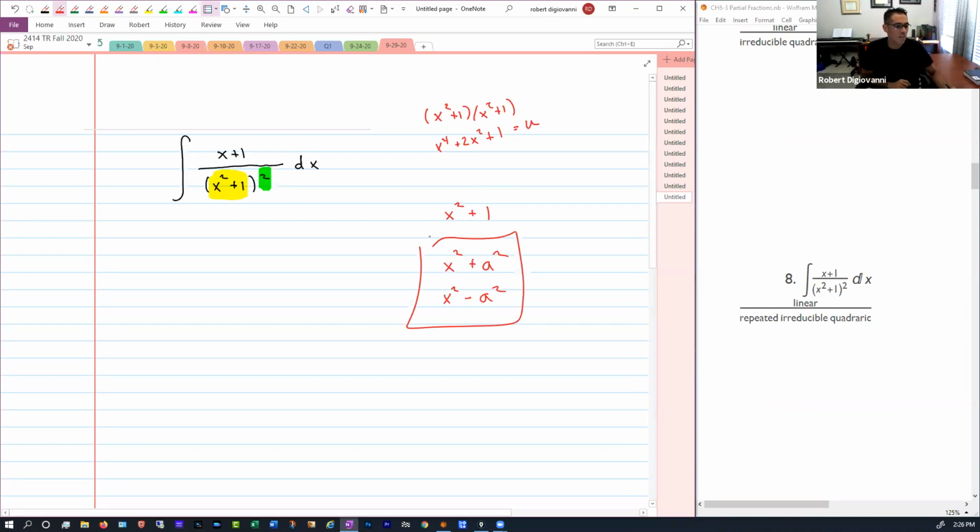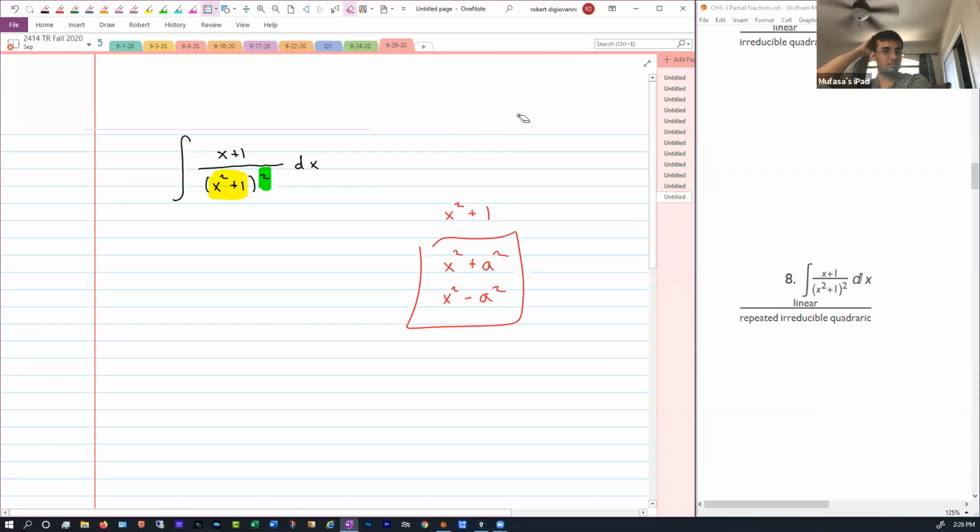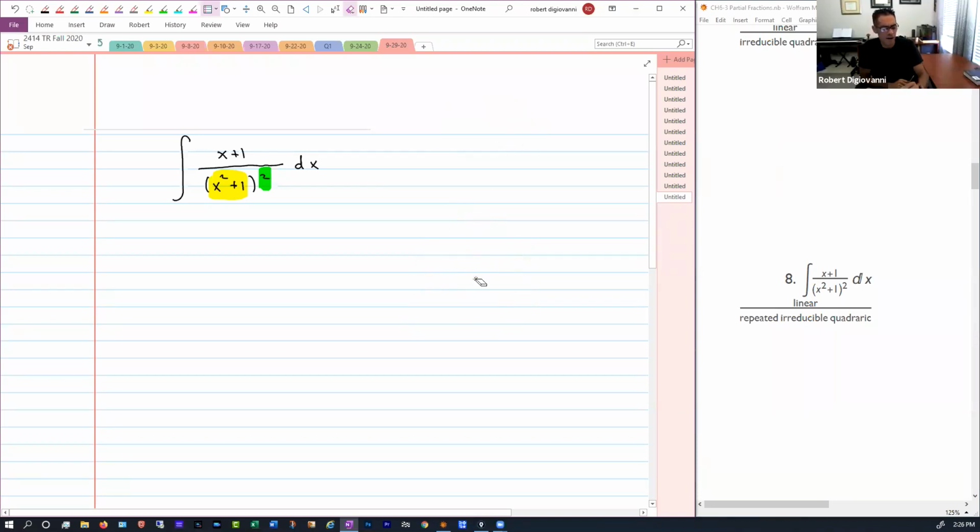So we already have a completed square in x squared plus 1. Now I heard someone say a u substitution of x squared plus 1. Okay, let's go for that. Let's just see what happens. If we let u be equal to x squared plus 1, what's the derivative of that? 2x dx.